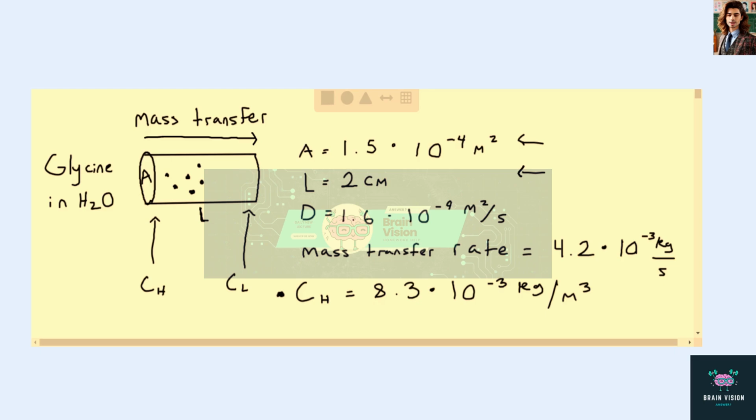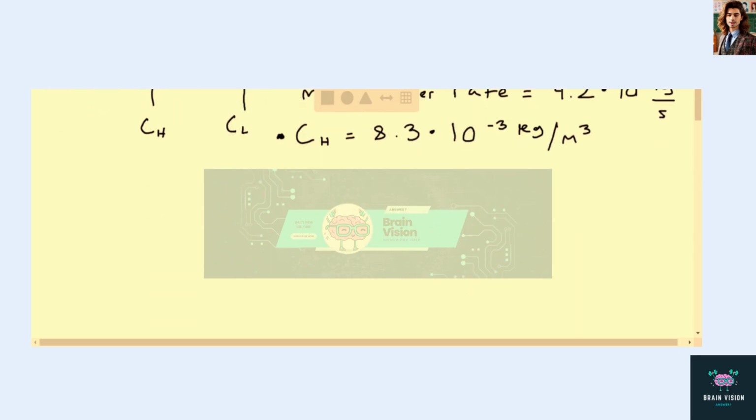Okay, so this problem is regarding Fick's law of diffusion, which states that the mass transferred is going to be equal to the diffusion constant times the cross-sectional area times the difference in concentrations from one side of this cylinder to the other, divided by the length of that cylinder times the time that passes, where delta C is just the difference in concentrations from the high end to the low end. So C high minus C low.